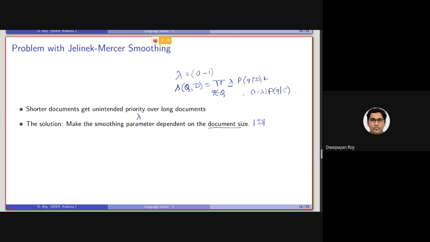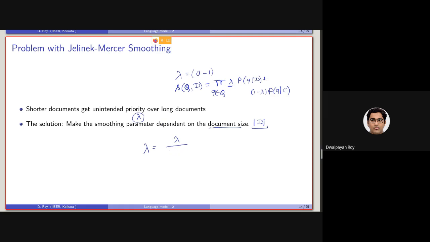So we'll be introducing a variant of this smoothing parameter, which will consider the document length as well. Essentially, we'll be setting lambda to something like lambda by lambda plus document length. This is one way. Let me not call this lambda again.